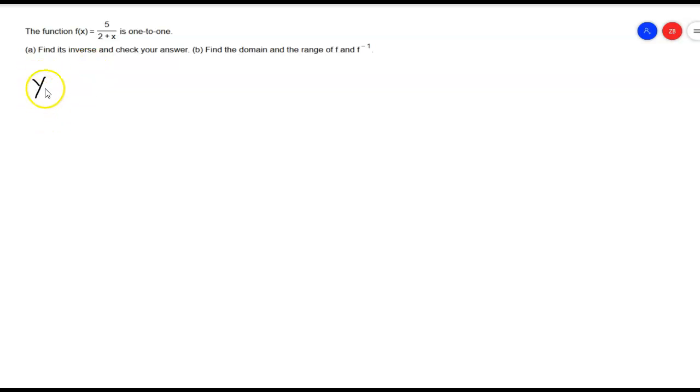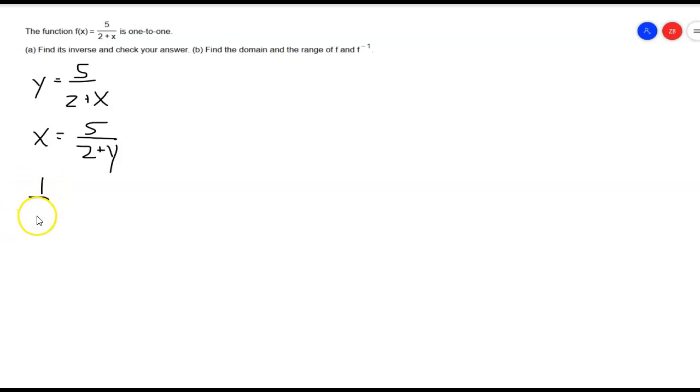To find an inverse we take the original function, which is y equals 5 over 2 plus x, and one method is to replace x and y with each other and then solve for y. If I do that, I get x equals 5 over 2 plus y, and now I want to solve for y. When we have an equation like this, I can flip both sides.